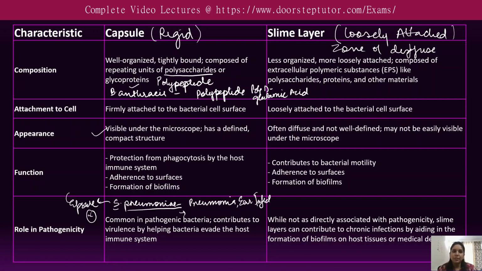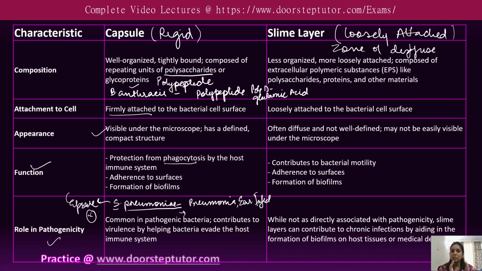And due to their rigid nature, they are firmly attached to the bacterial cell surface. That is why they are helpful in providing adherence to the bacterial cell surface. The main functions include protection from phagocytosis, which I have already discussed: their main role is in pathogenicity, because the capsule layer basically helps hide the bacterial cell from the host immune system.